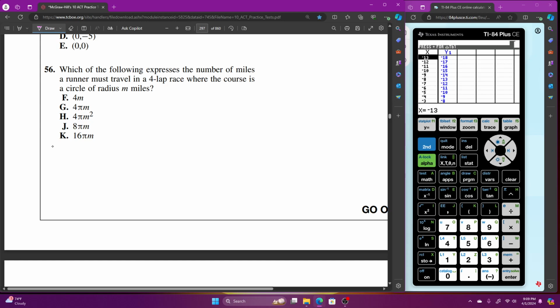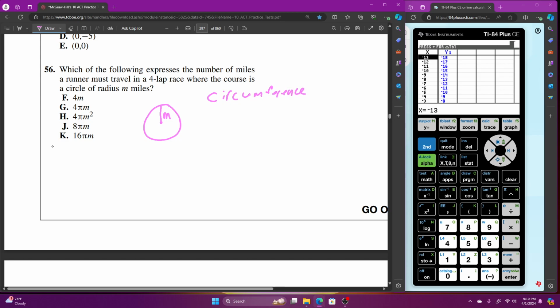So we've got a circle, and the radius from the middle to the edge is m miles. If there's a 4-lap race, you're going to do the circumference, right? You're going to run the circle. So circumference is like the perimeter around the edge of a circle.